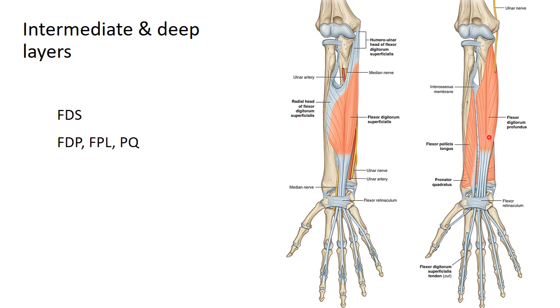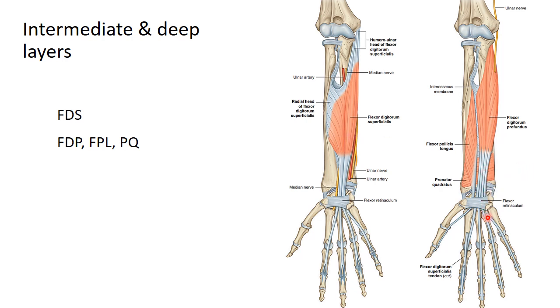Now the belly of the muscle converts into tendons that again divide into four small tendons. Again, these tendons will pass within the carpal tunnel beneath the flexor retinaculum, and then these tendons diverge to reach each of the medial four fingers. They run deep to the tendons of flexor digitorum superficialis, and this is important.